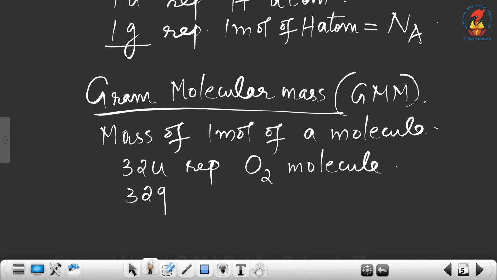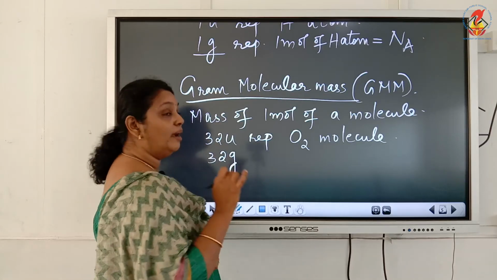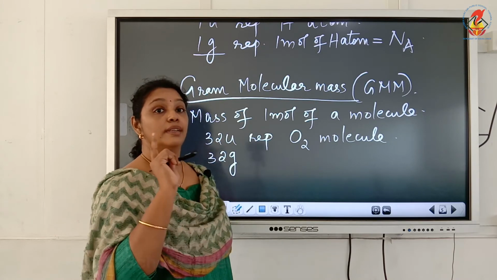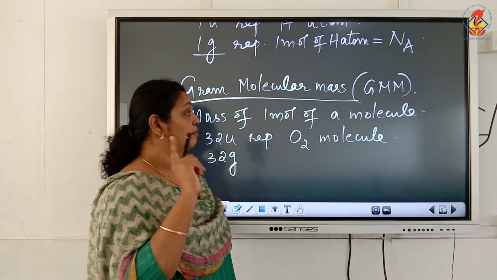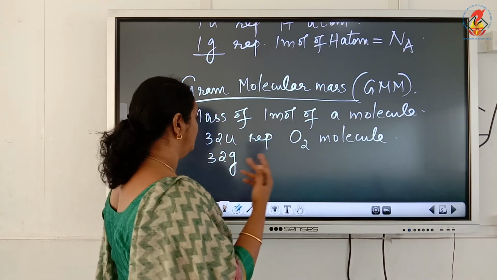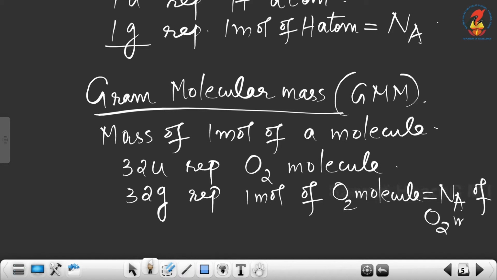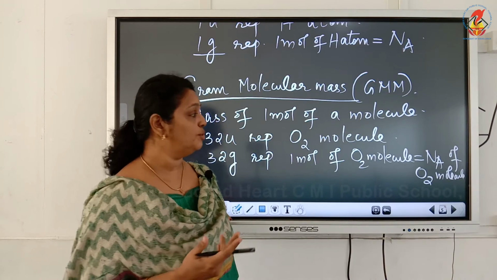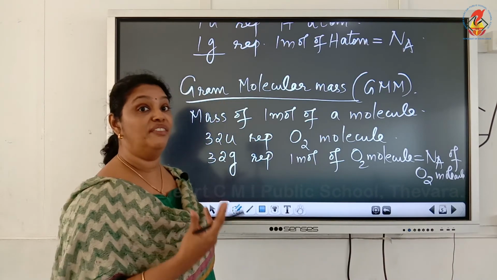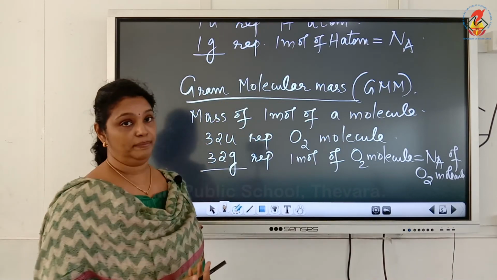Now what about 32 gram? 32 gram represents the mass of 1 mole of oxygen molecule, or 32 gram represents 1 mole of O2 molecule. And we know 1 mole will contain Avogadro number of O2 molecules. Or we can say 6.022 into 10 raised to 23 oxygen molecules will weigh 32 gram.